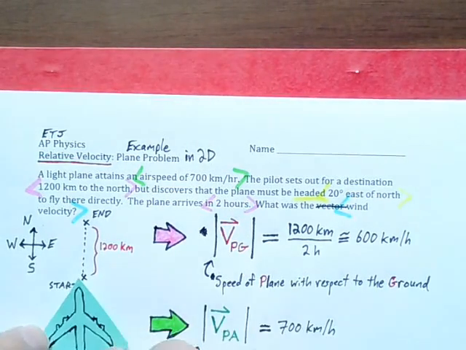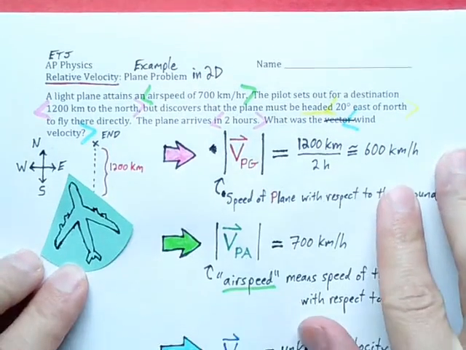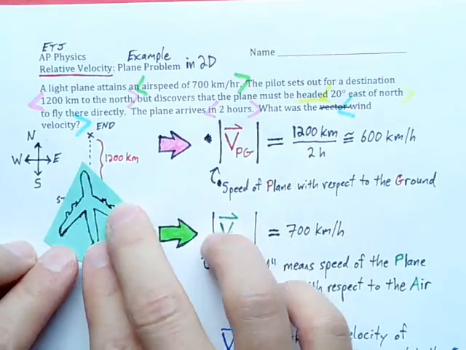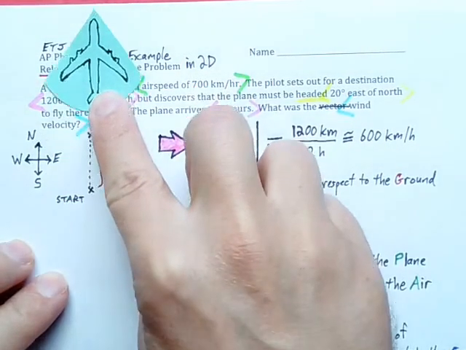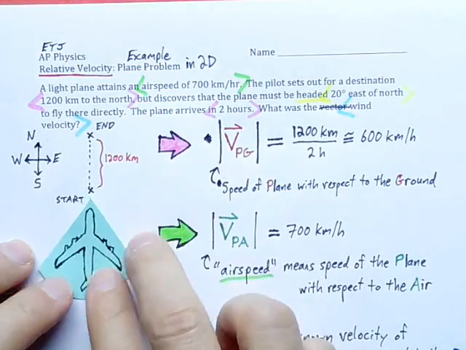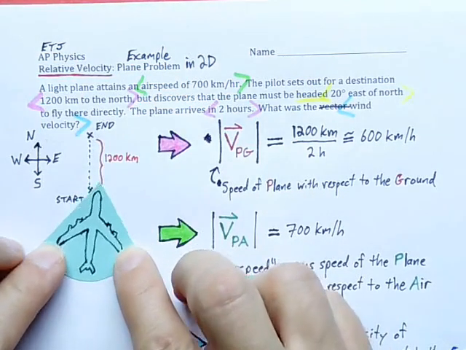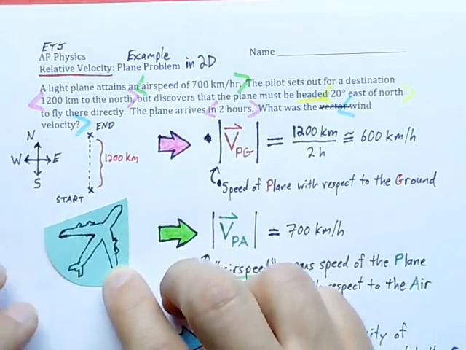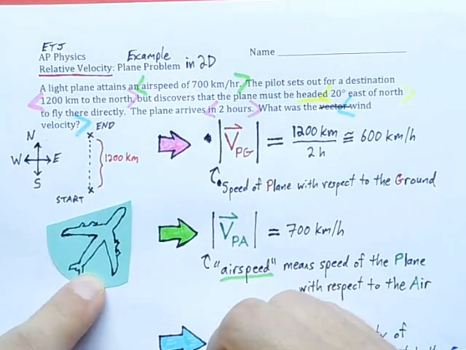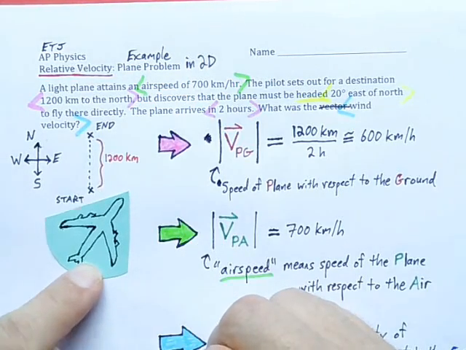So in our picture here, although the plane actually ends up moving due north, that whole time its nose is pointed 20 degrees east of north. So the nose is pointed like that, and the plane itself actually moves like this.